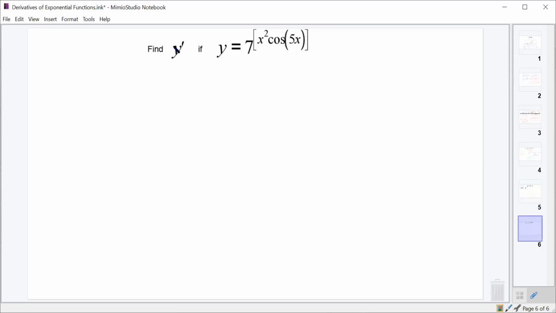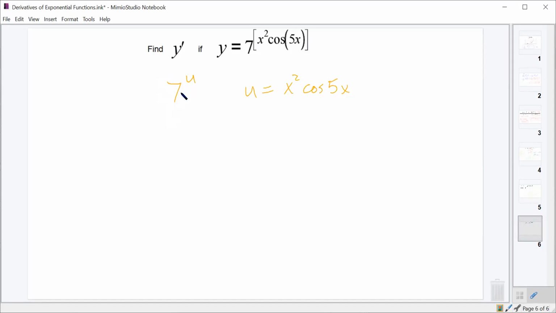All right, last problem of the day. This is 7 to the u with u equal to x squared cosine 5x.